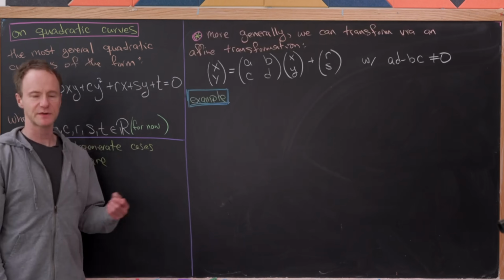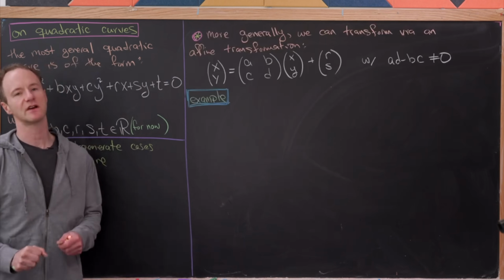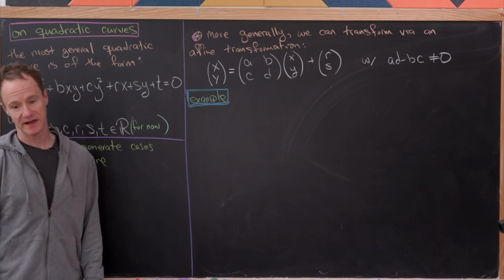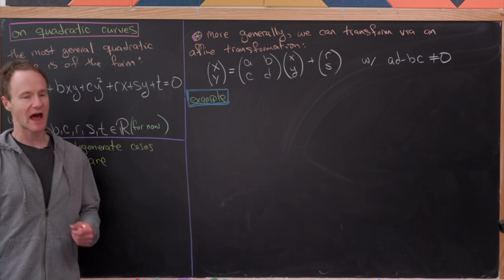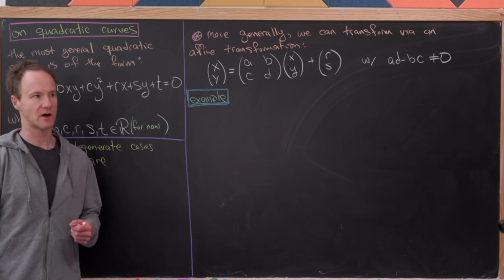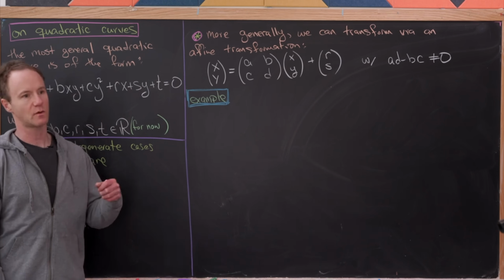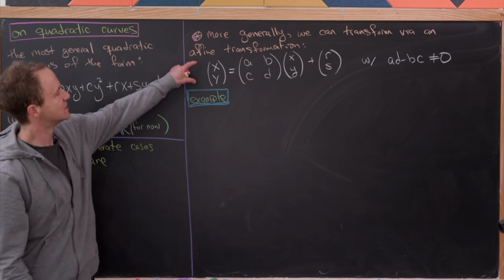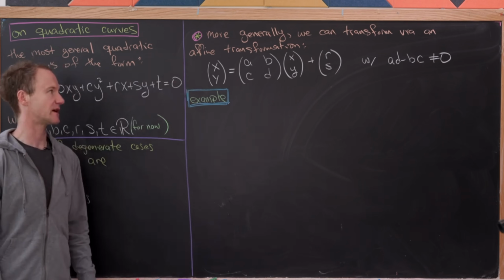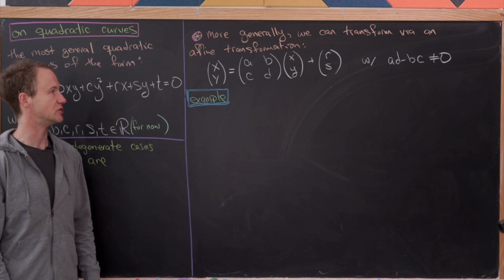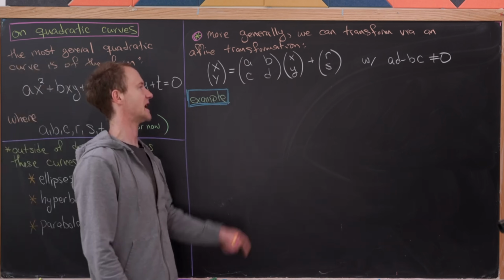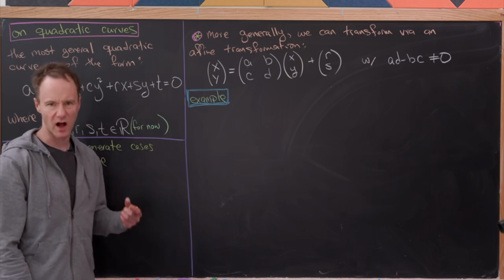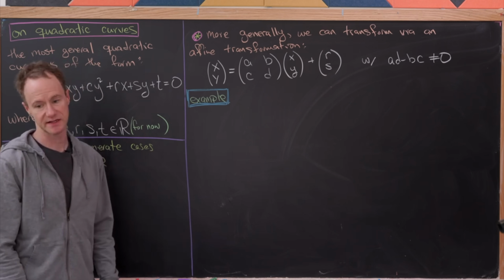So all of those examples that we just looked at are really just very, very special cases of a so-called affine transformation. An affine transformation will change from variables little x, little y to variables capital X, capital Y in the following way. This vector, capital X, capital Y, will be equal to this matrix ABCD times the vector little x, little y, plus a constant vector, which I've called RS here.